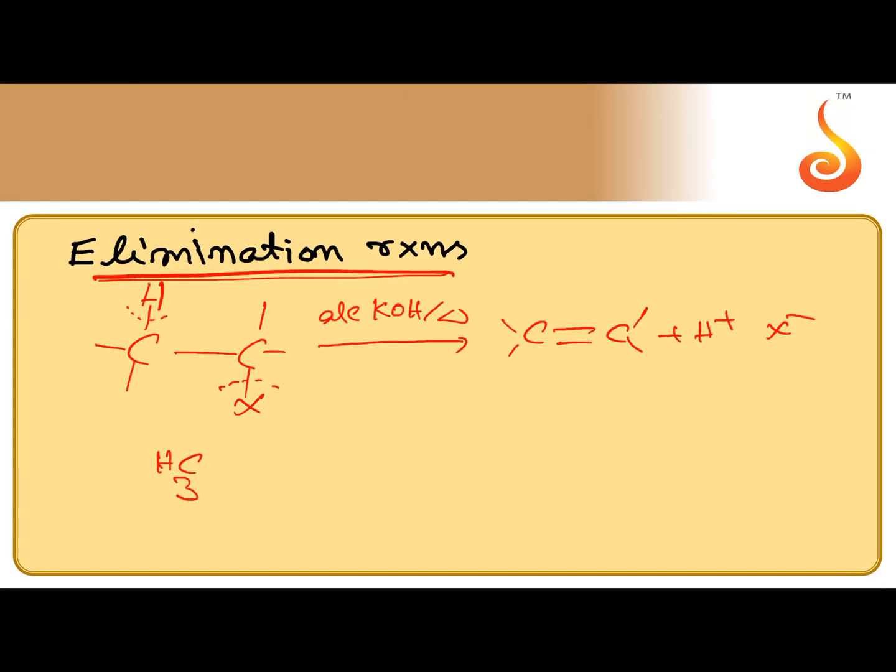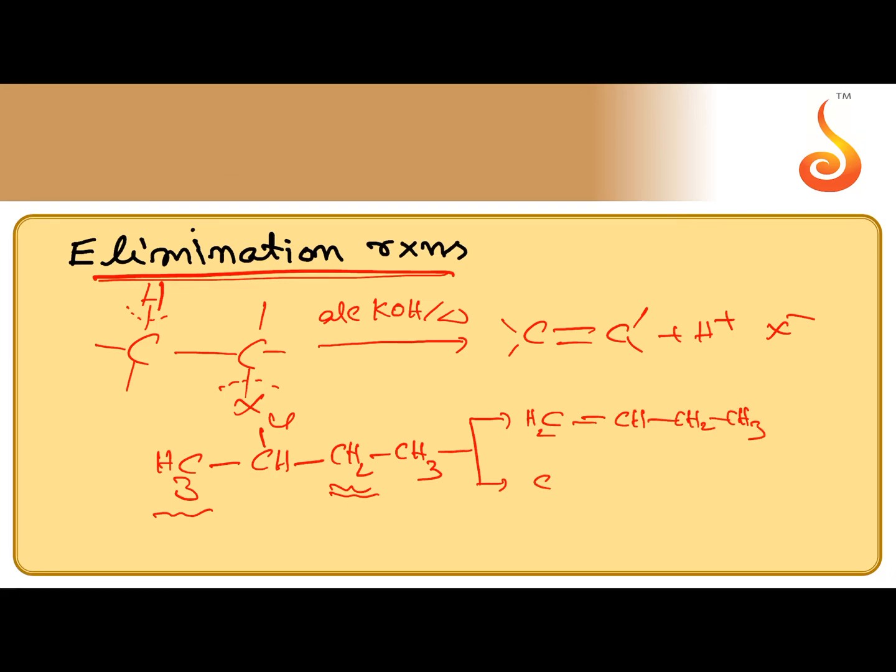If two types of beta carbons are there, we can get two types of alkenes also. When 2-chlorobutane is subjected to elimination, the left side CH3 is a beta carbon, and on the right side a beta carbon CH2 is there. When hydrogen is removed from the left side beta carbon, we get CH2=CH-CH2-CH3, 1-butene.